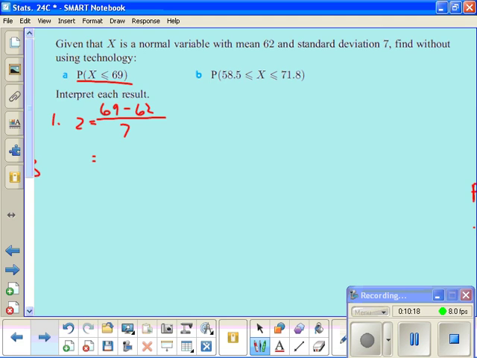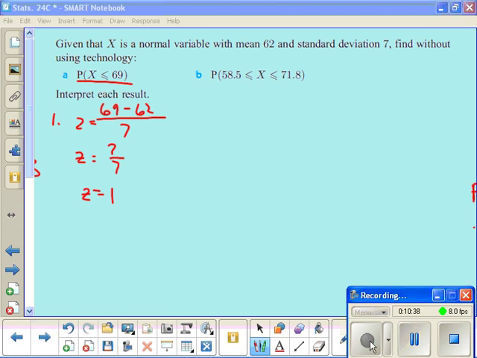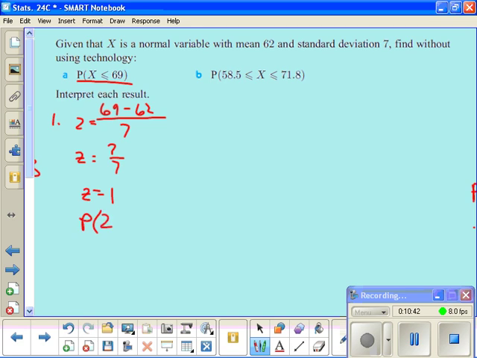So Z is 7 over 7, which is 1. Then I rewrite that into Z form: the probability that Z is less than or equal to 1. And then I can go to my table.